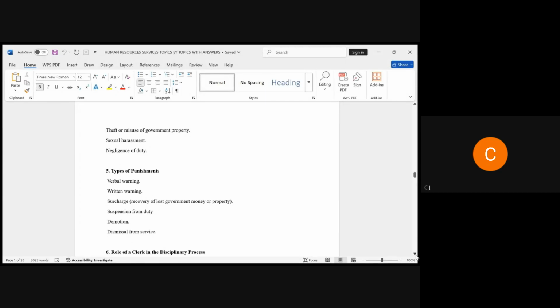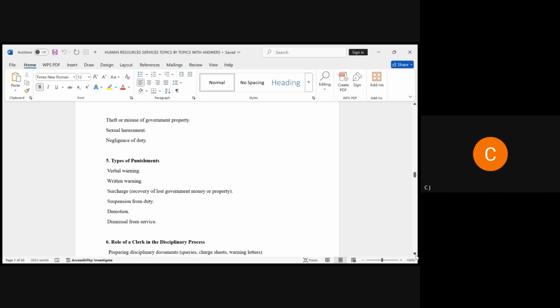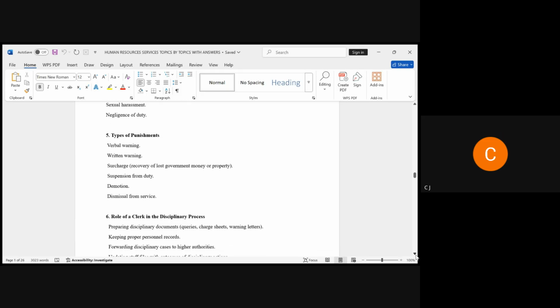You have verbal warning, written warning, surcharge, recovery of lost government money or property, suspension from duty, demotion, dismissal from service.